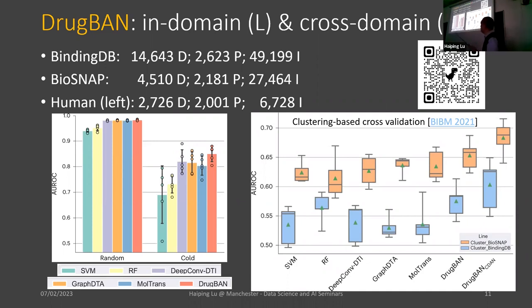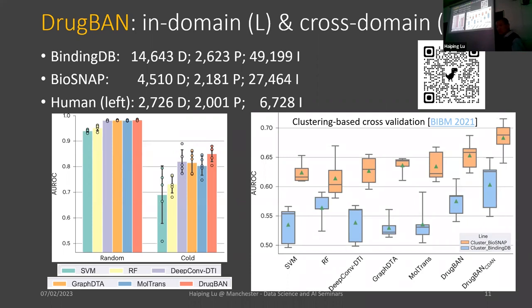Then we do clustering-based evaluation: we use all except one cluster for training and then test on the remaining cluster. That's much more challenging than those settings. So you can see the accuracy also becomes lower.